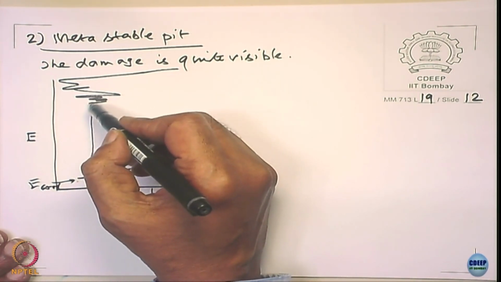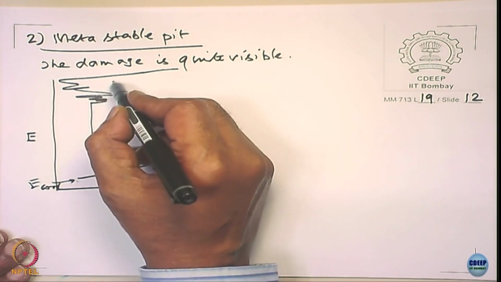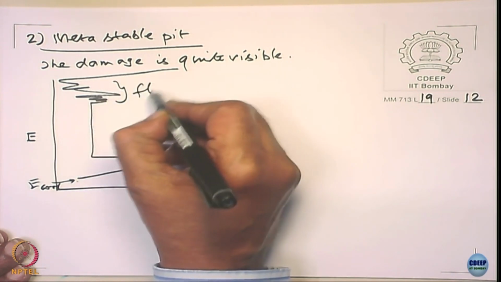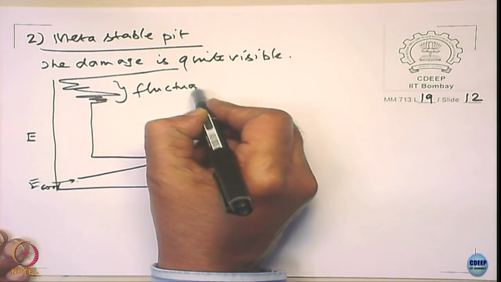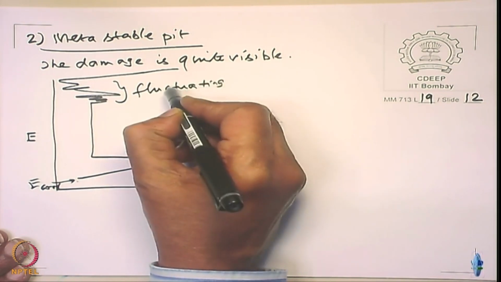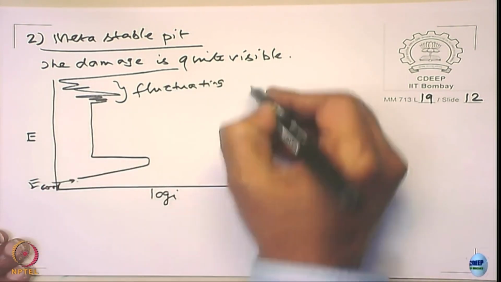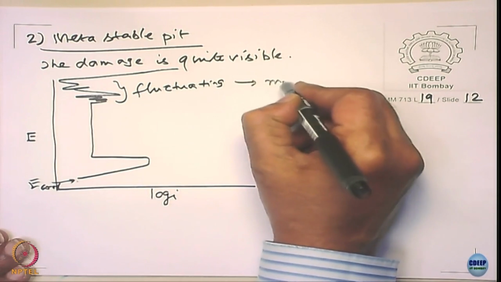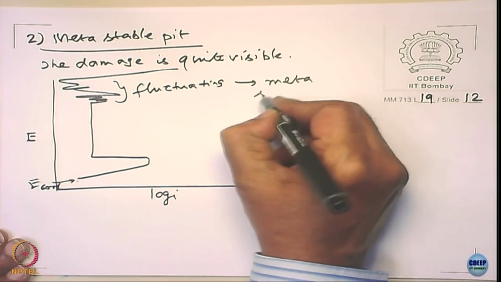When you start increasing, the current starts fluctuating. And this is called the metastable phase.